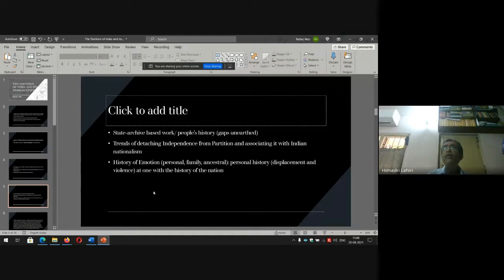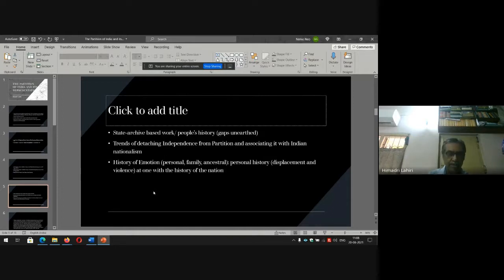Anything like that, or the particular sari of a particular place. These are the items through which you can access your memory. These are the materials which trigger your memory and which trigger the memories of other people. And therefore, you can really access the partition of India through such memories.